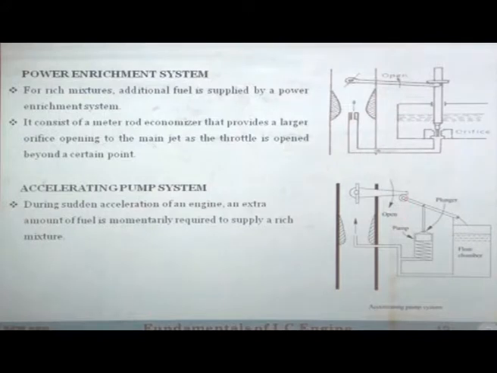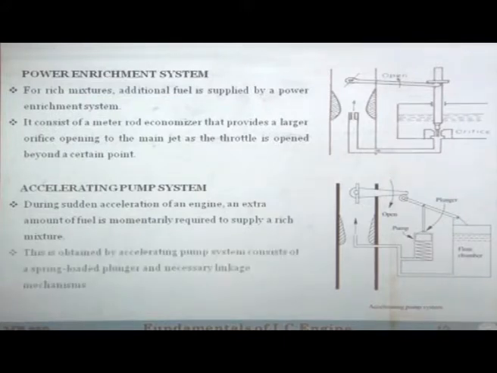So, when you have accelerated suddenly, this pushes this valve, and from this valve extra fuel is injected into the airstream, and that is why momentarily you get extra fuel, rich mixture, and that gives you more feeling of power in that 5-second instant, right. So, this is obtained by the accelerating pump system, which consists of a spring loaded plunger and the necessary linkage mechanism. On a very simple level, such an accelerating pump system is used for accelerating, okay. Otherwise, when you are not accelerating, this will be just filled and it will have no role.